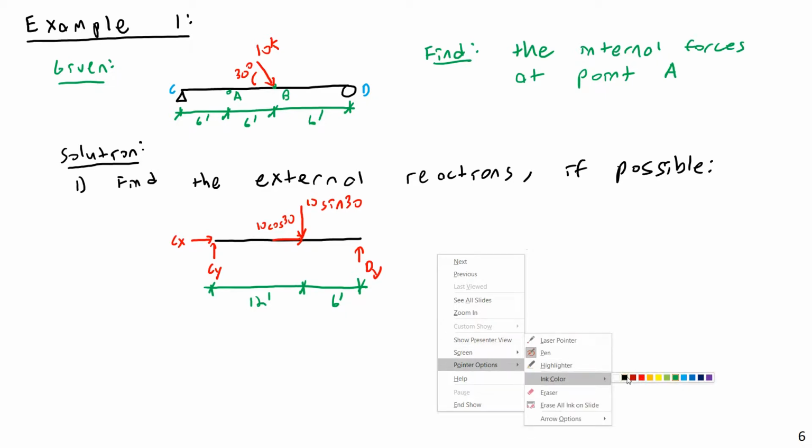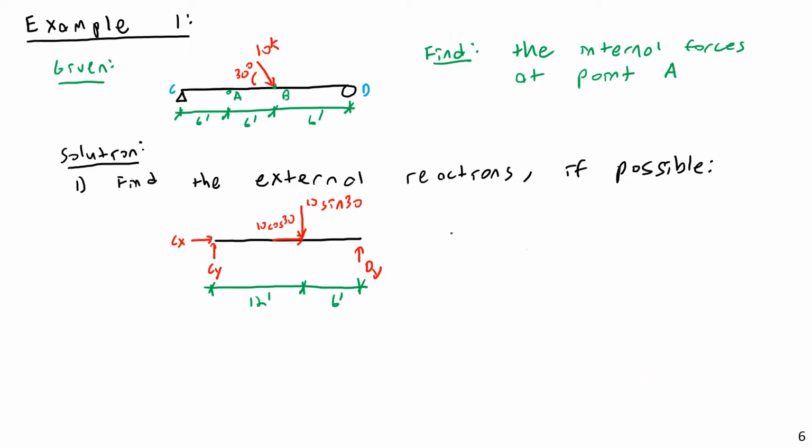So the first thing I'm going to do is apply equations of equilibrium to this, and I think the first thing I'm going to do is a summation of forces in the x direction, and that will be Cx plus 10 cosine 30. And of course we know our basic trigonometry.